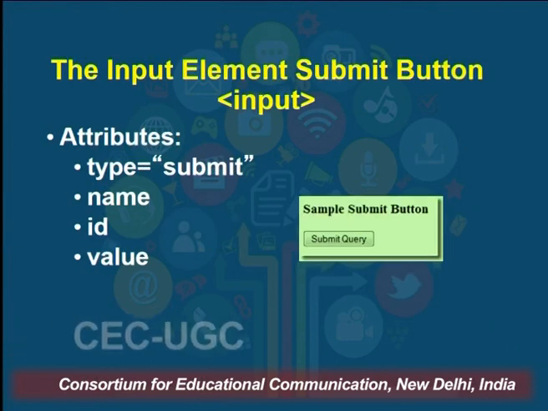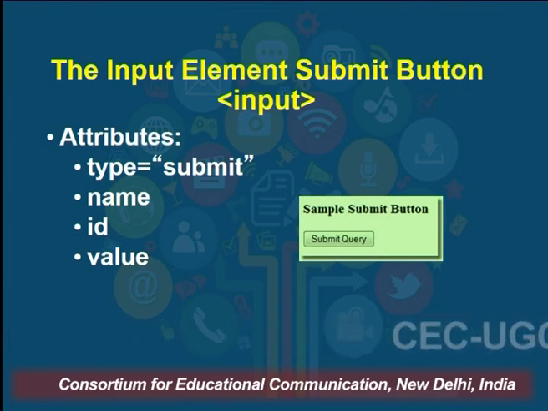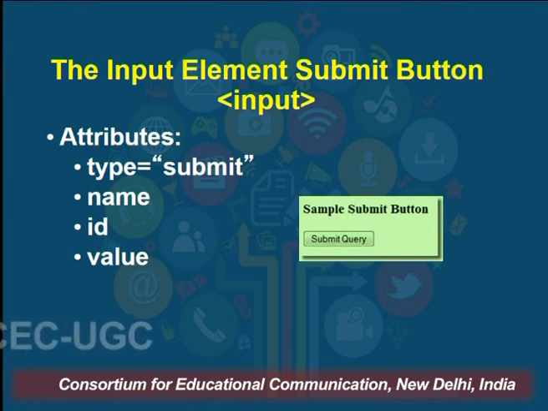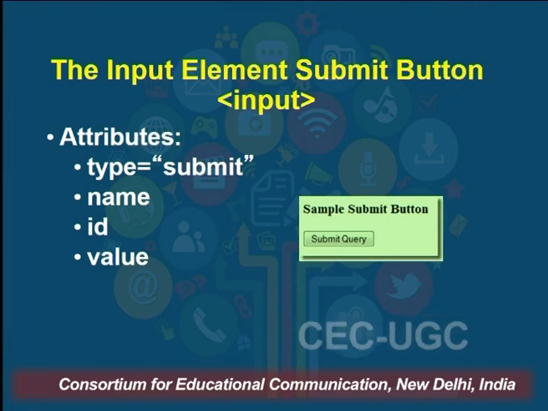Now, in case of the submit button we can have different attributes. First, of course, input type is equal to submit, then you give a name to the button, any name you like, then you give an ID to the button and you give a value.